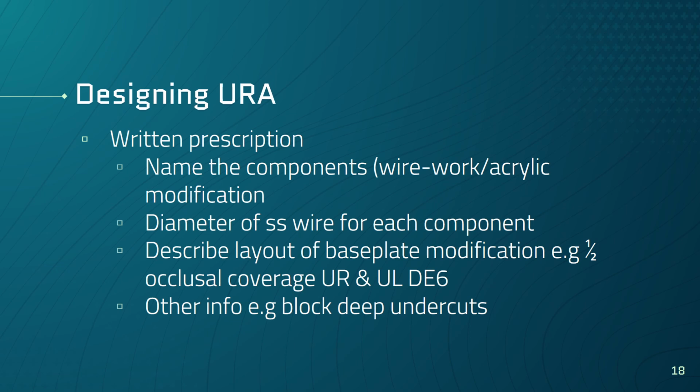It should describe the layout of the base plate modification. For example, it may state half occlusal coverage of upper right and upper left D, E and 6. And any other information required should be listed on the prescription. For example, instruction to block deep undercuts.